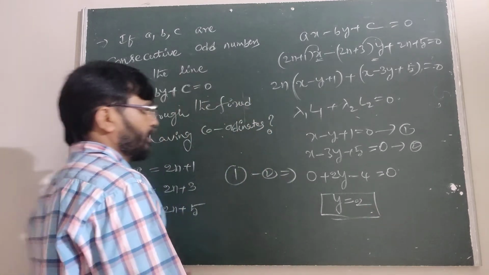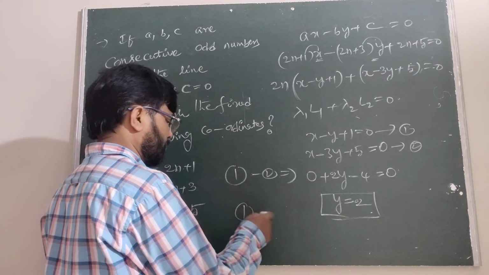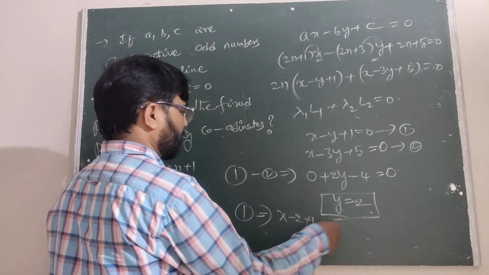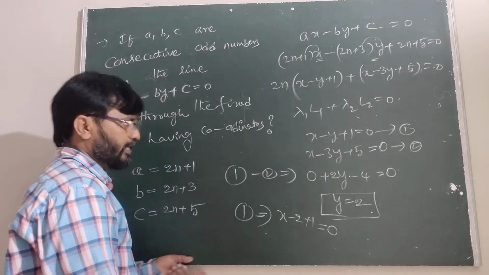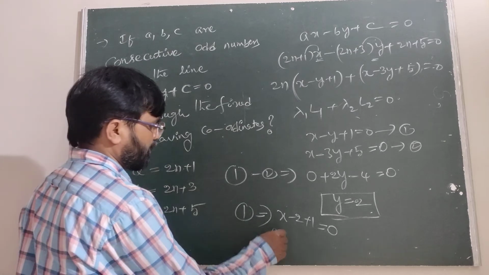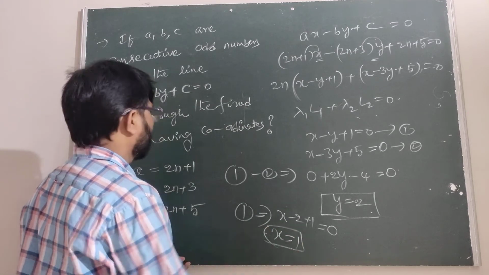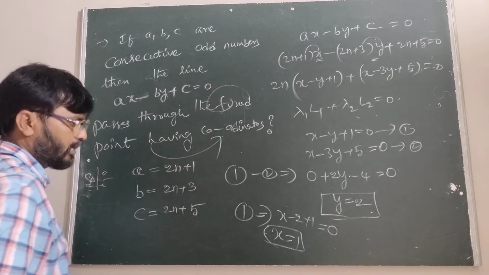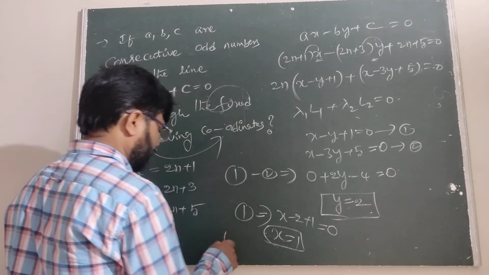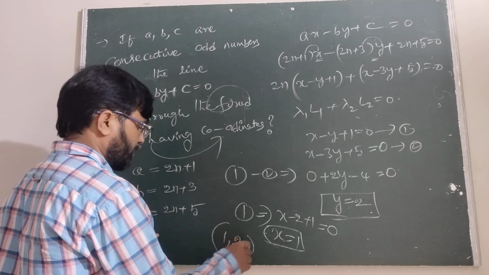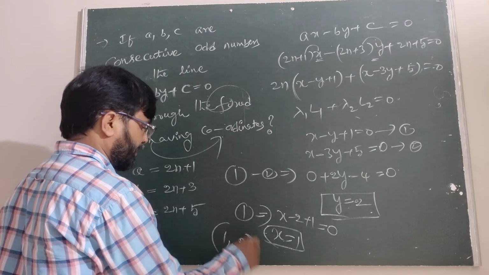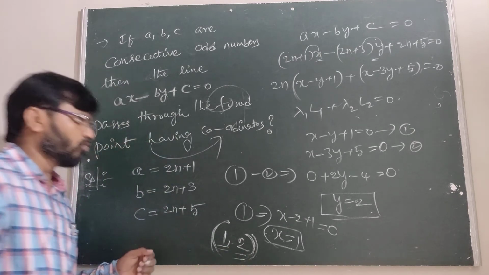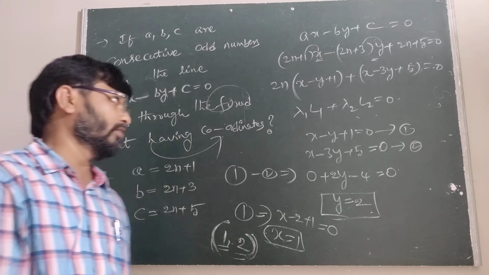Okay, the y is substituted in equation 1, that is x minus 2 plus 1. Y is 2, so x minus 2 plus 1 gives x equal to 1. The line passes through the fixed point having the coordinates 1 comma 2. Is it clear? 1 comma 2 is our required fixed point. X is 1 and y is 2. Okay.